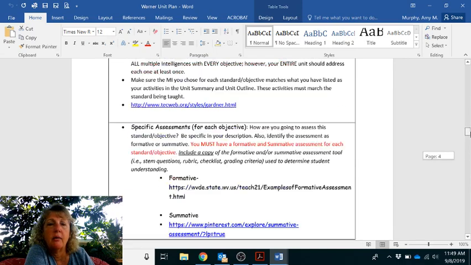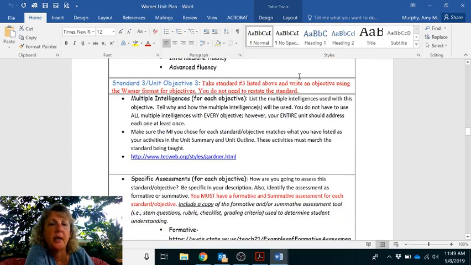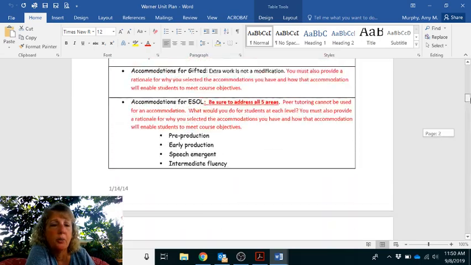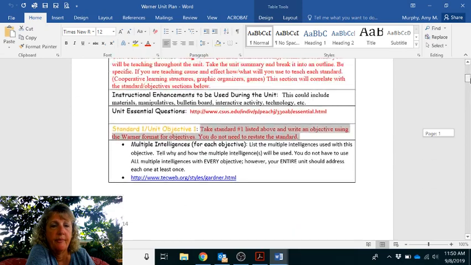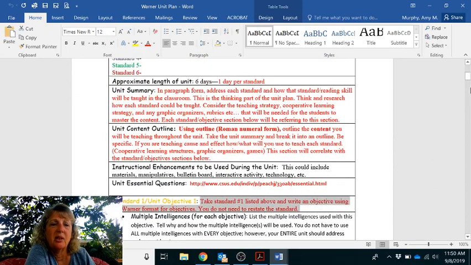So once again, what is due this week is you're writing an objective for each standard, and you're completing the multiple intelligence section. The multiple intelligence section is based off what you put in the unit summary. So I hope that makes it a little bit more clear.